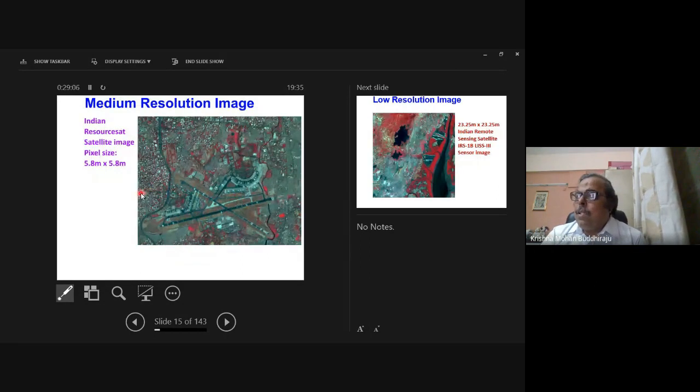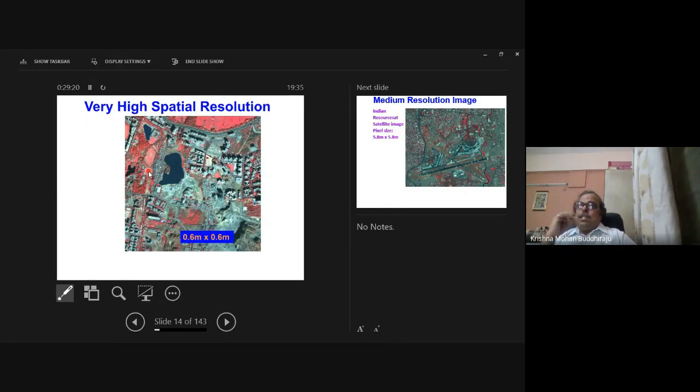Here, the spectral as well as the textural properties can be exploited for analyzing images of this resolution. Images like this are fairly amenable to object-oriented image analysis. So you can break up the image into collections of homogeneous regions and then relate those regions to actual objects on the ground.